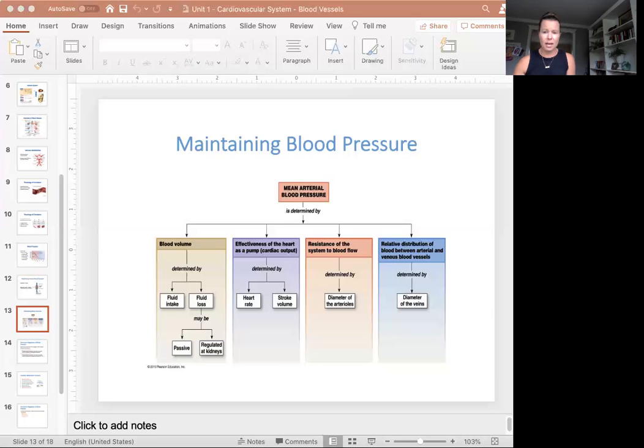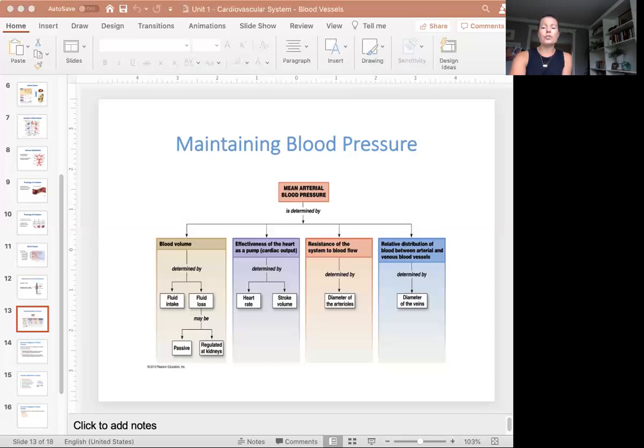So all of these things, increasing heart rate, cardiac output, and causing vasoconstriction, all of that increases blood pressure. And it's a pretty immediate response. Another hormone called angiotensin II is released by the kidneys, and it also causes vasoconstriction throughout the body. So that increases peripheral resistance, which increases blood pressure.